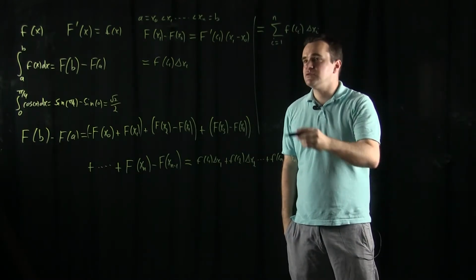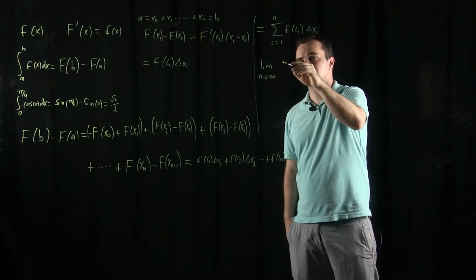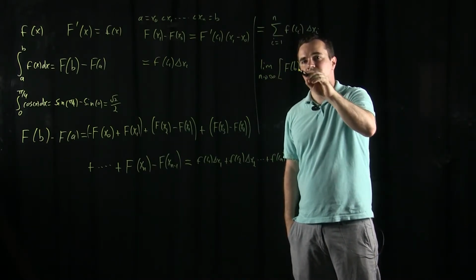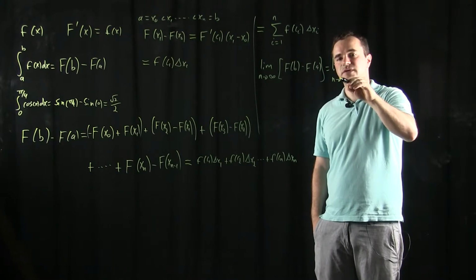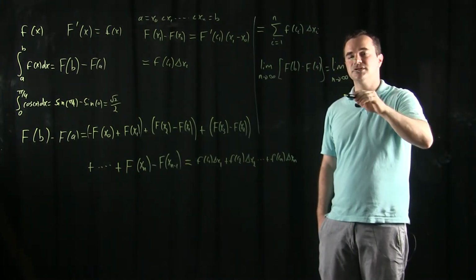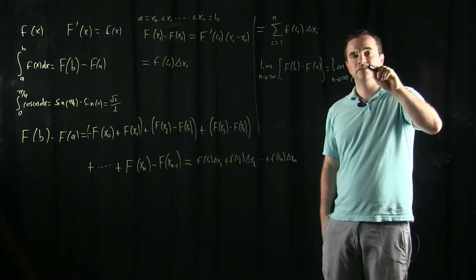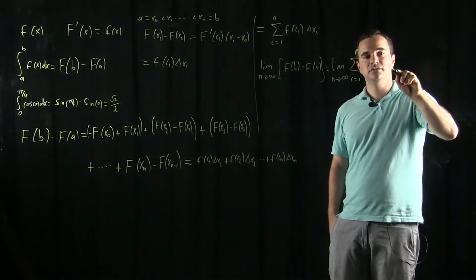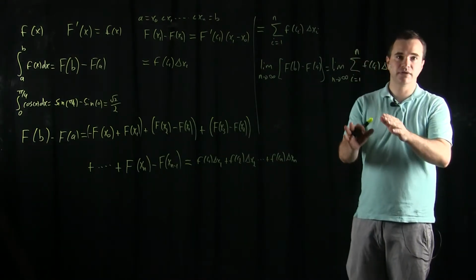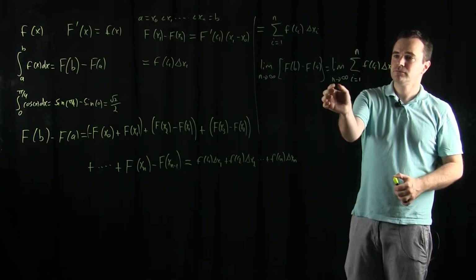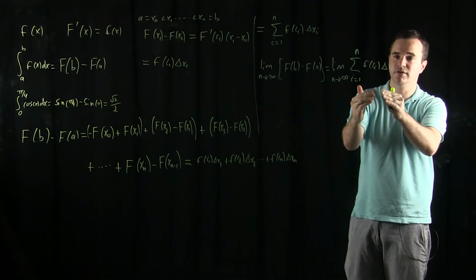So what I would ask you to do then is to think about taking the limit as n goes to infinity of both sides. On the left, f of b minus f of a. And here it's the limit as n goes to infinity of the sum, i goes from 1 to n, of f of ci delta xi. I want you to really understand what I mean here. For every n that you pick, you've picked a partition of the interval from a to b.